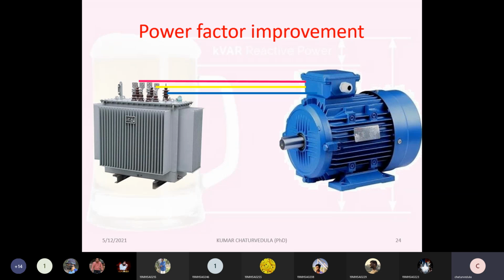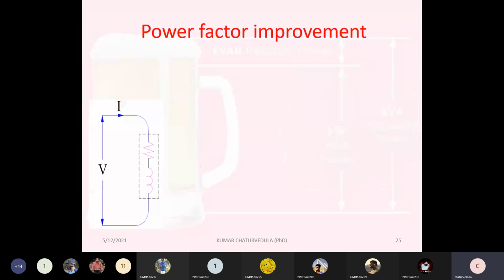The supply voltage will generally be maintained constant. Now the current drawn by the induction motor will always be lagging in nature. Since this is an induction motor, you cannot have a pure inductive load.